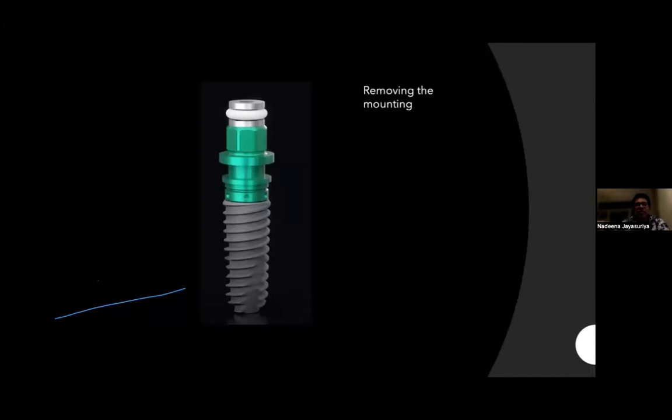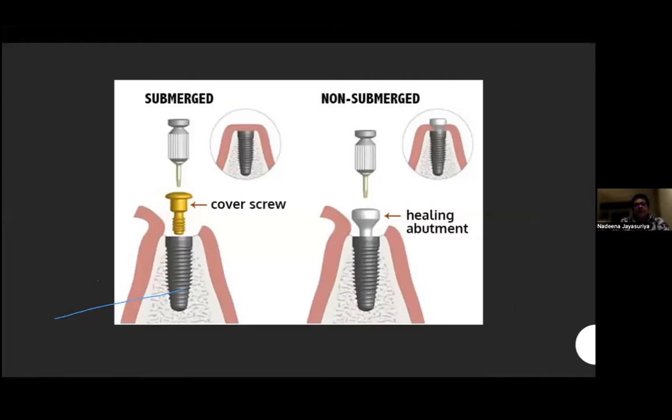So this is one type of implant where you have to unscrew this part, the top part, and remove the green part after placing the implant. So at the end of the surgical part, once you put the implant into the bone, you have to either close it with a cover screw, or else you can use a healing abutment.